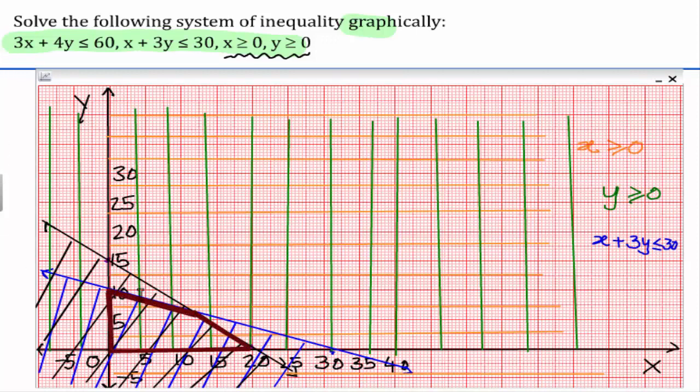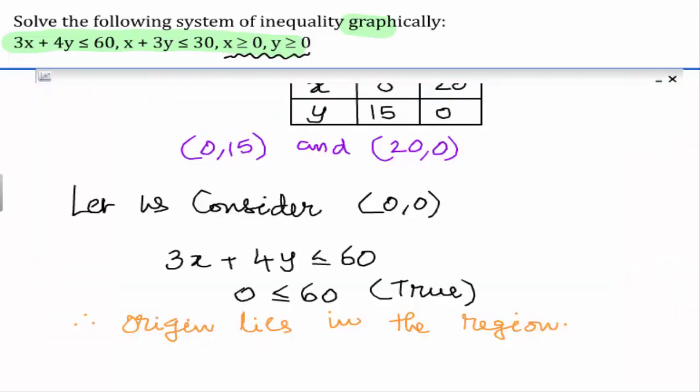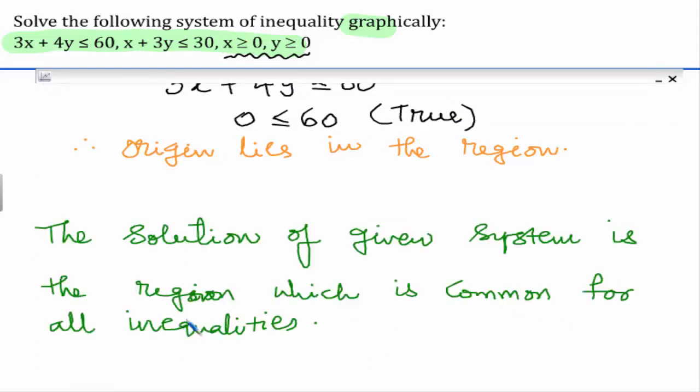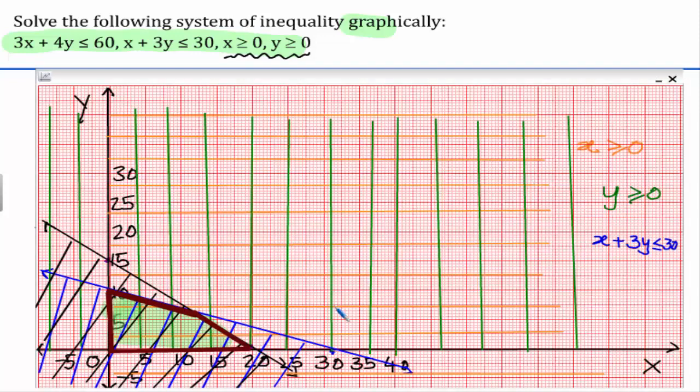So in this, all the solutions of the given inequality system lie. So the solution for the given system of inequalities is the region which is common for all the inequalities, that is shown here in the quadrilateral.